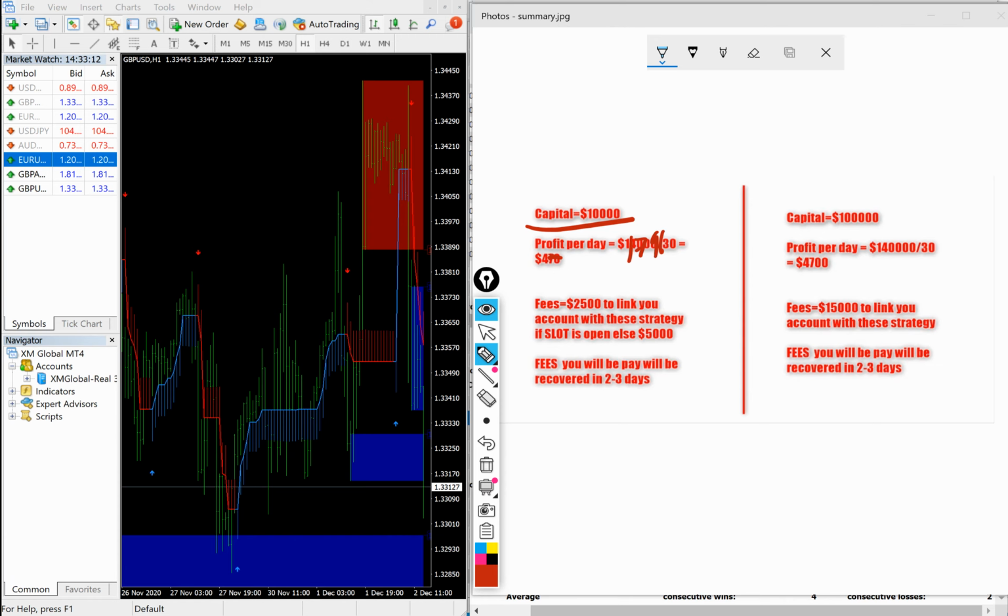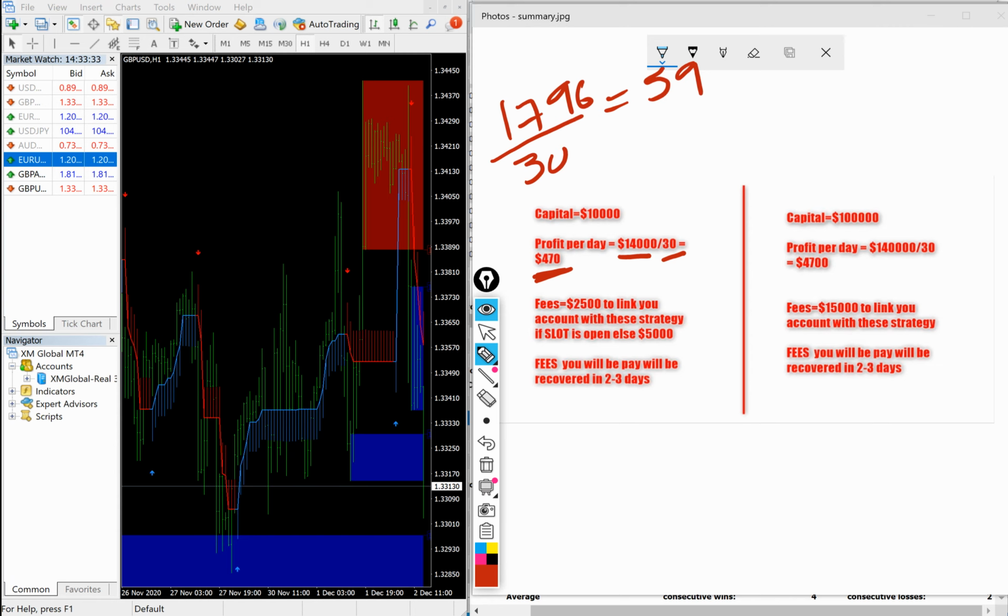So the profit per day, if we divide by 30, is $470 every day. And trade wise, 1796 trades in 30 days is 59 trades per day.